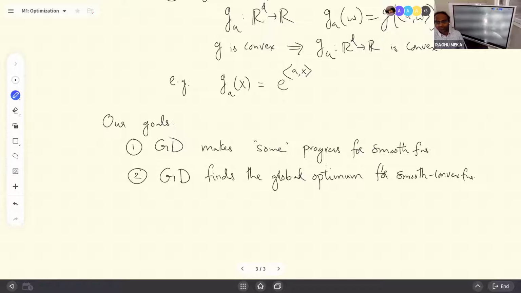If along with being smooth, your function is convex, then you will in fact converge to the global optimum. So that's our goals.